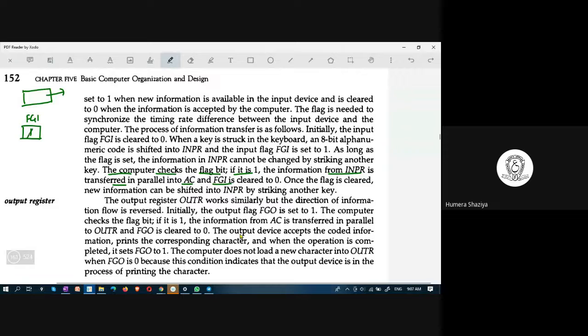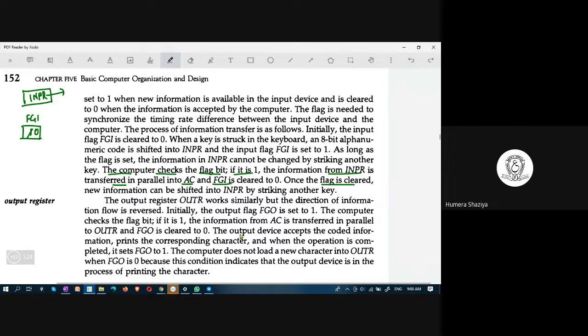FGI, the input flag, is cleared, and the value from the input is transferred to the accumulator. What happens once the flag is cleared? When the flag is cleared, you can put new information into the input register.